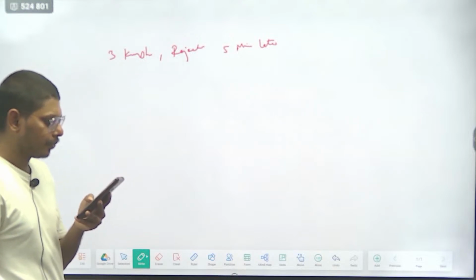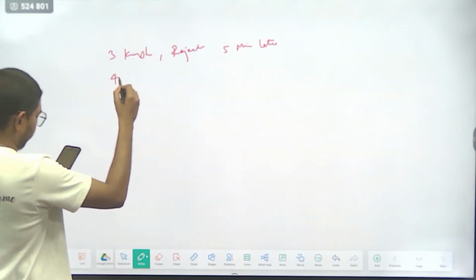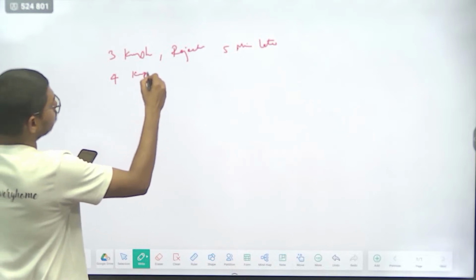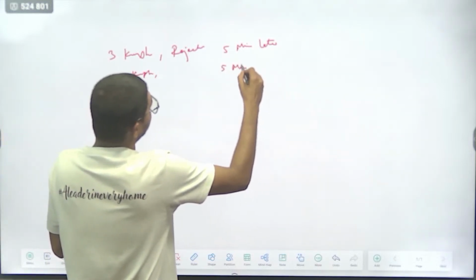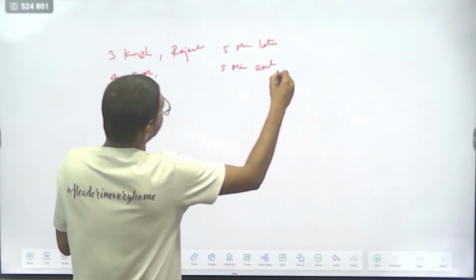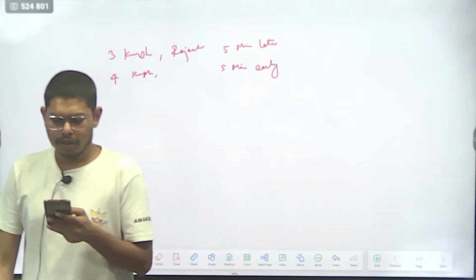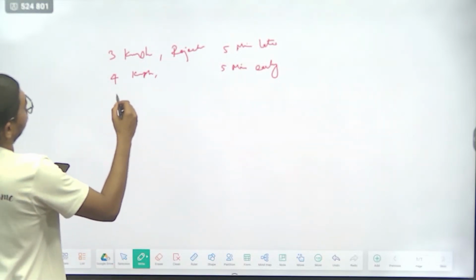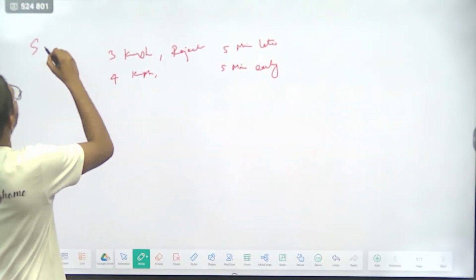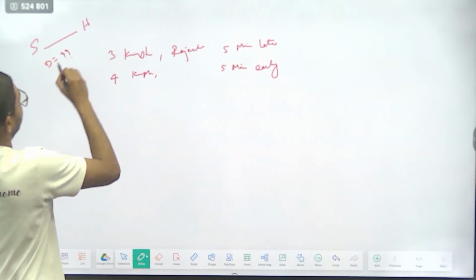If he walks at the speed of 4 kmph, he will be 5 minutes early. Then they have asked, what is the distance of Rajiv's school from his house? School and house distance is equal to what? This is what they have asked.